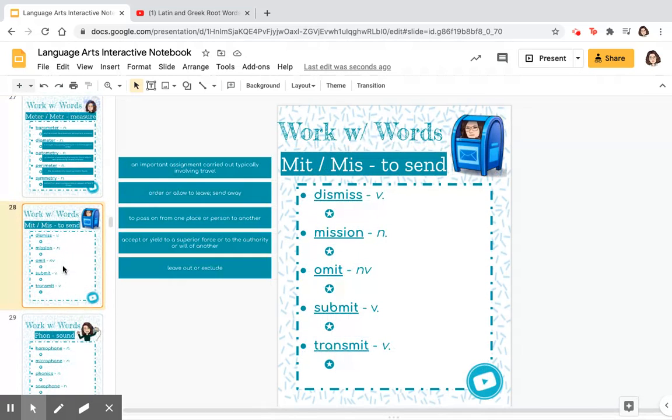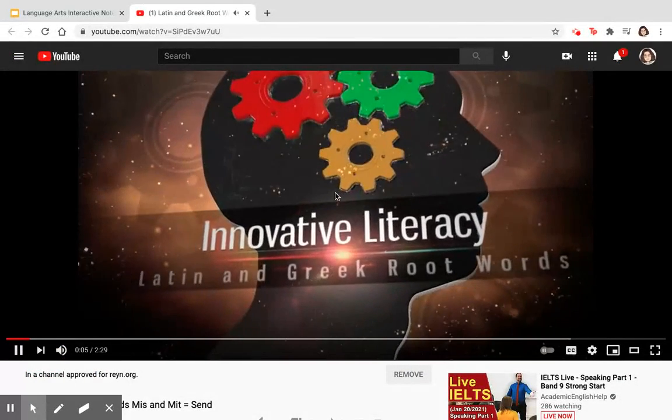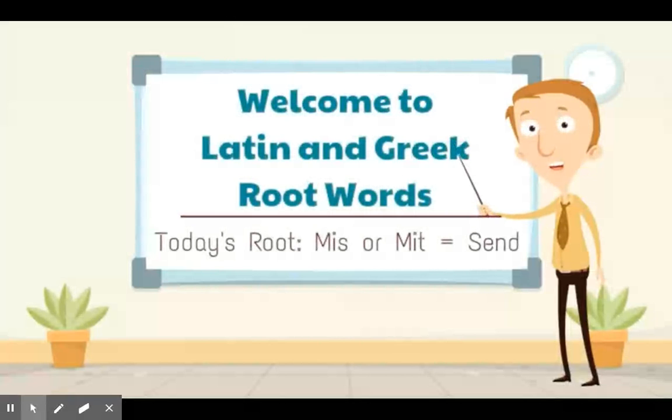Last but not least, we have mit and miss. Greetings. Welcome to Latin and Greek root words. Today's root is miss or mit, meaning send.